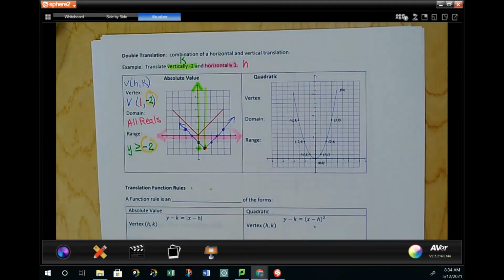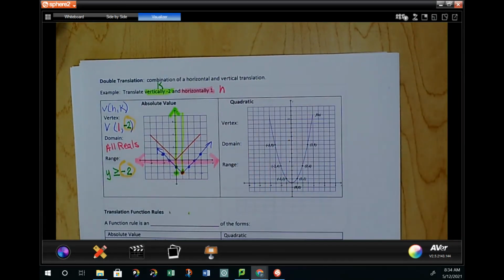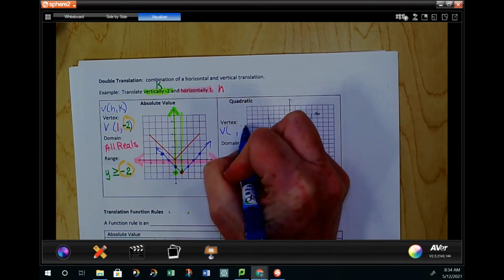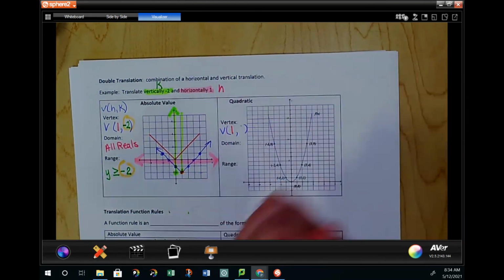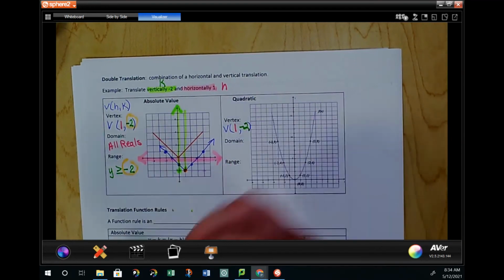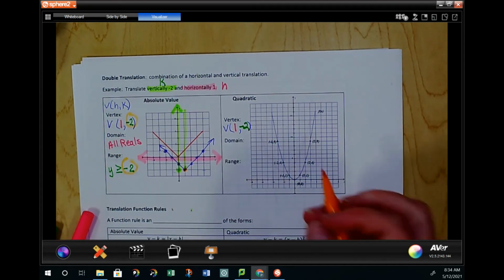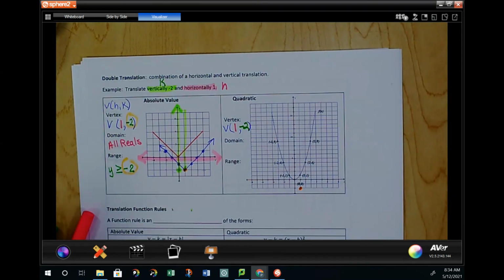So then the next one. Again, we're going to have the same exact vertex rule, and we're going to get that you're going to move over 1 to the right, and then we're moving down 2. So then we go through and we graph it. So I graph to the right 1, and then down 2. So that's my vertex point.